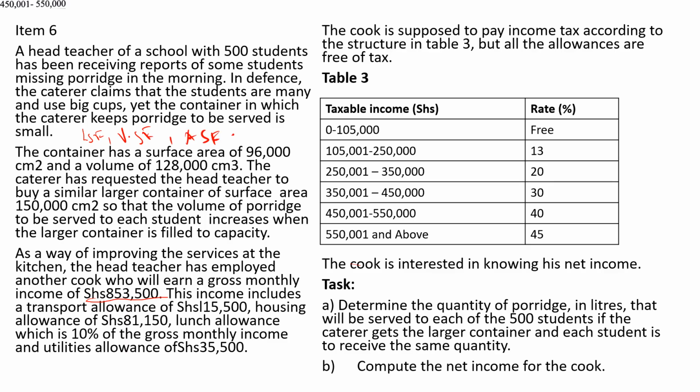The second part is all about business mathematics, the one we look at in senior 3 term 2. Now they brought taxation. So you need to have mastered finding taxable income, income tax, and lastly net income, which is also known as take home.